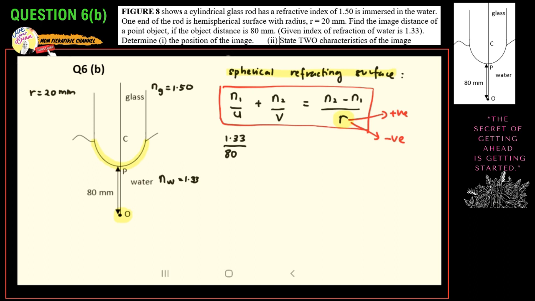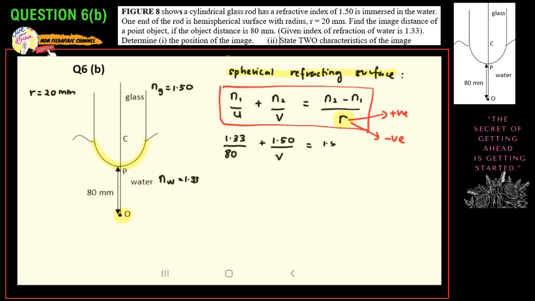Okay, so all the length units are in millimeter. Alright, so plus N2, so the N2 is referring to the refractive surface. So we refer to the glass, which is 1.50, and we want to find V.